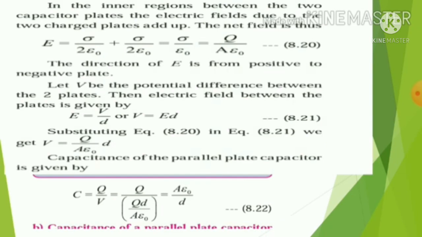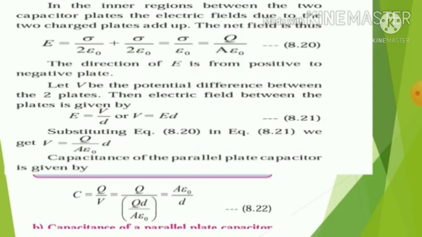Then C equal to Q upon Qd divided by A epsilon 0, which simplifies to C equal to Q into A epsilon 0 upon Qd.